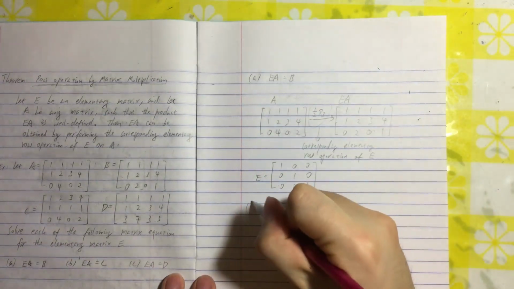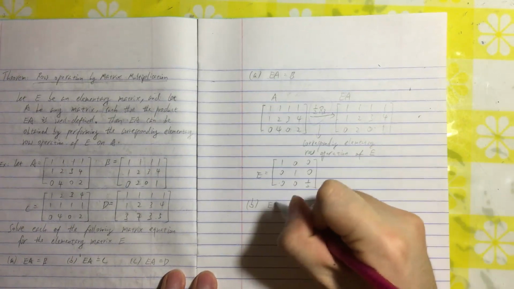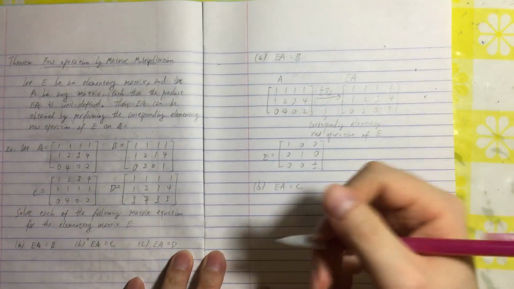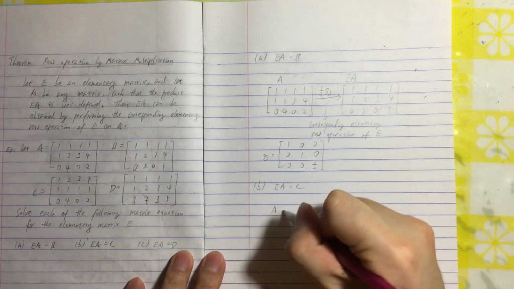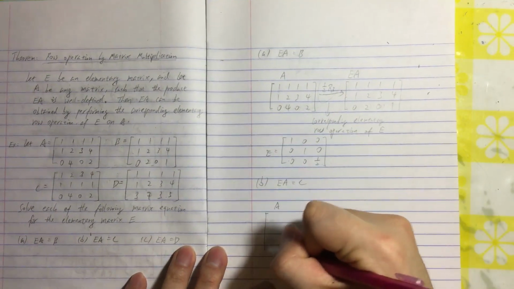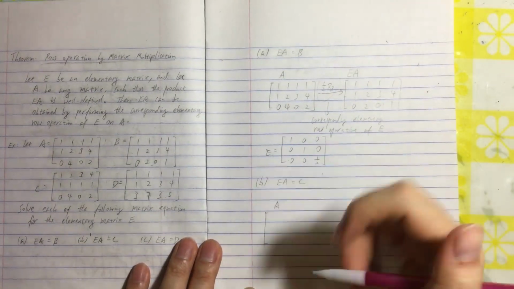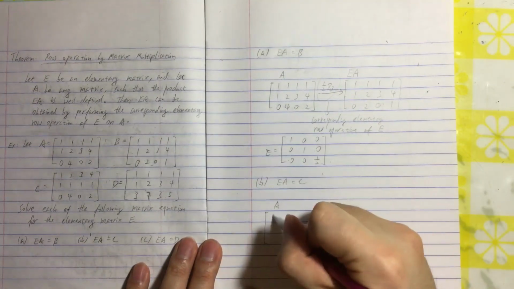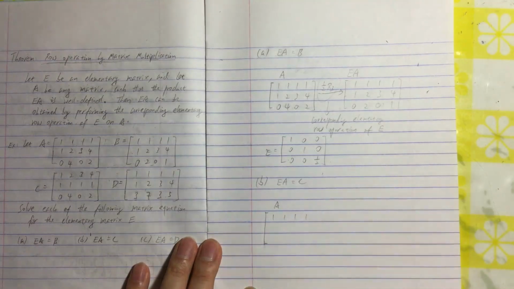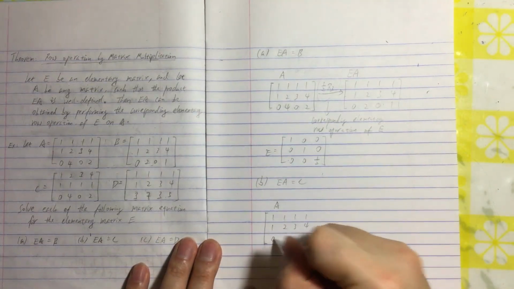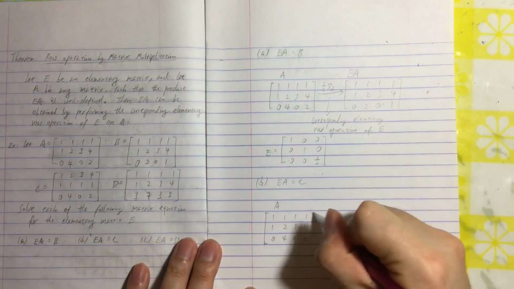Now part B. Solve an equation EA equal to C. Let's compare matrix A and EA. Matrix A here is 1, 1, 1, 1 in the first row, 1, 2, 3, 4 in the second row, 0, 4, 0, 2 in the third row.